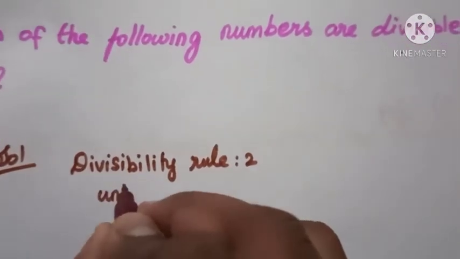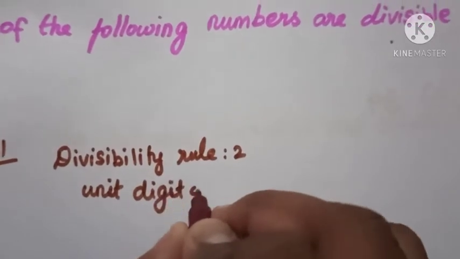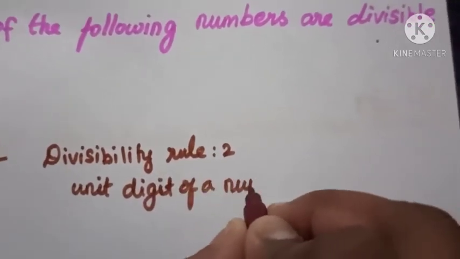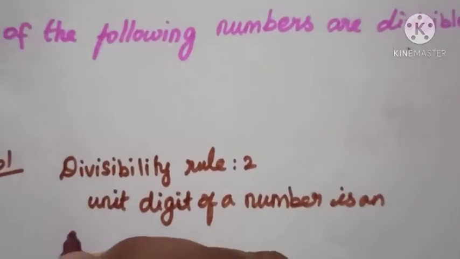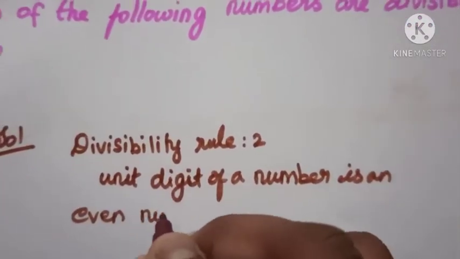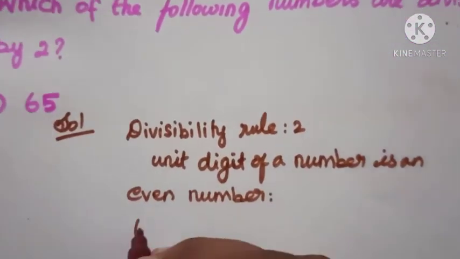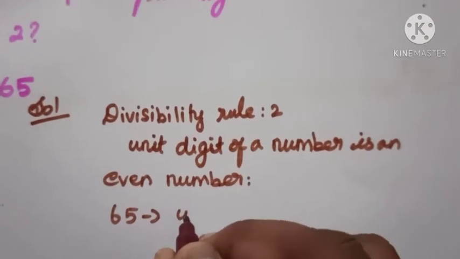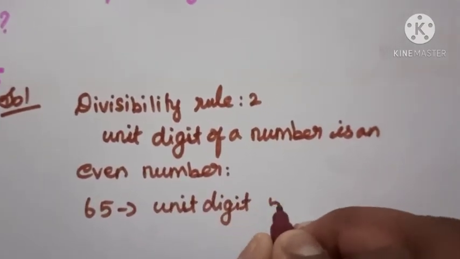So in short form, what we take? Unit digit of a number is an even number. So here in the given 65, what is the unit digit? Unit digit is 5.